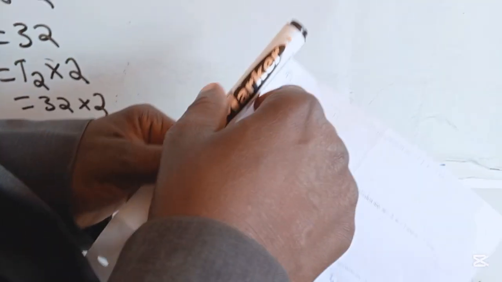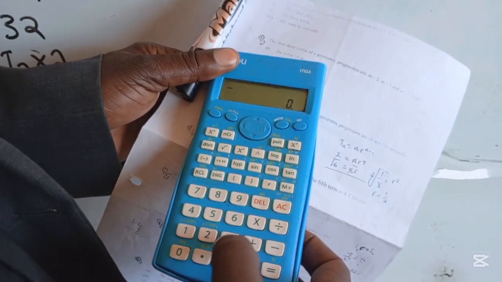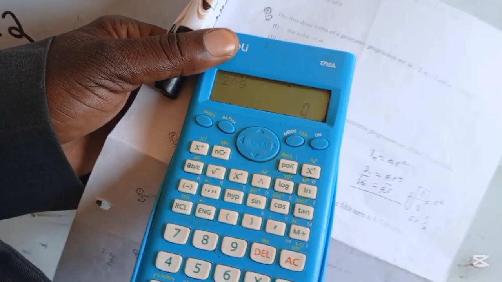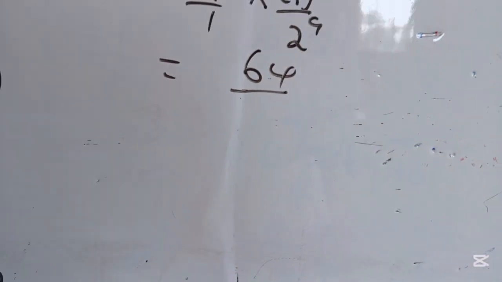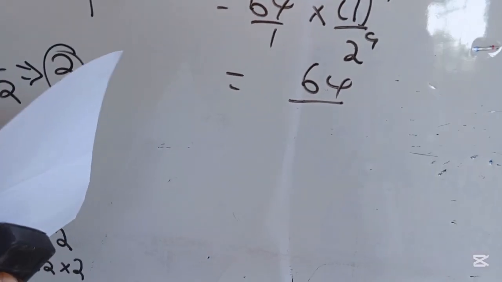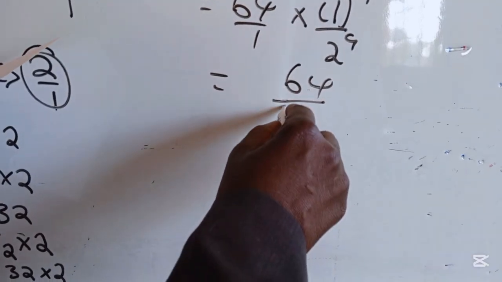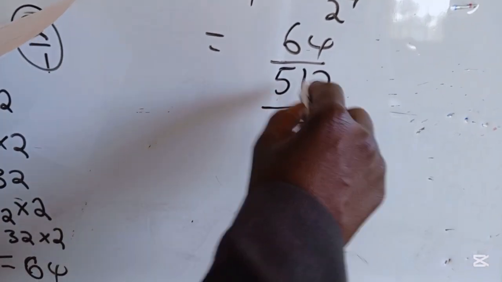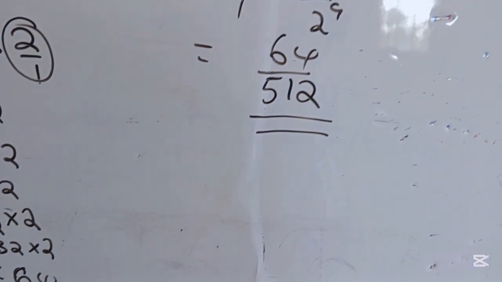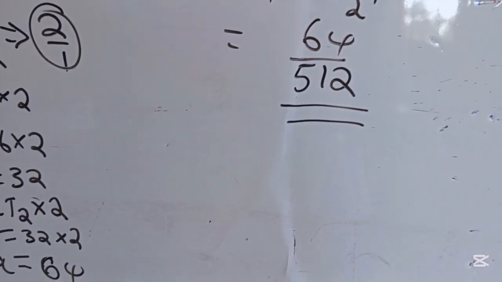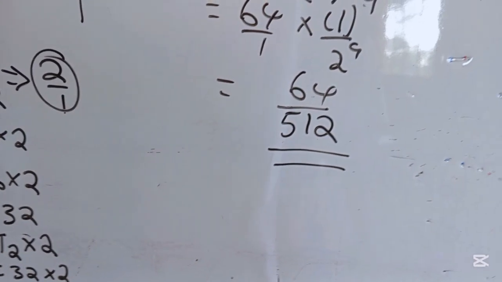Ladies and gentlemen, we just have to use a calculator. 2 to the power 9 is equal to 512. So 512 is the one which I should put there, meaning that this is the 10th term. So please, that is how we go about it.